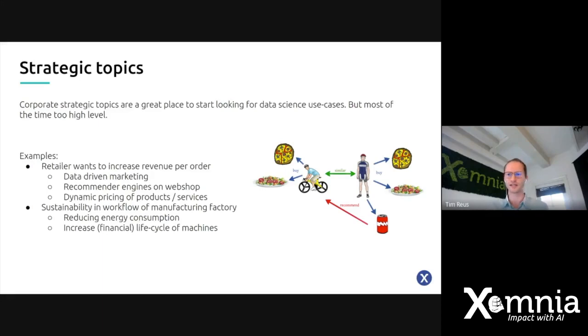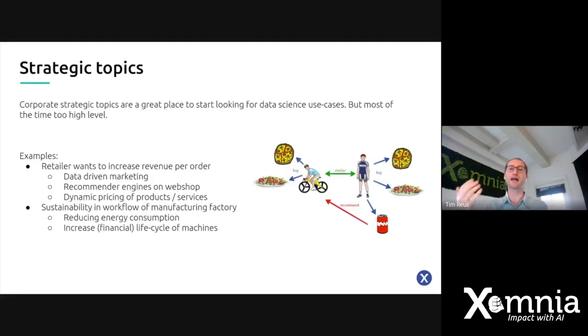Cutting costs, getting more customer engagement, all these sorts of things. And they're a great place to start off by thinking, okay, if we're gonna do this, how can we do that? And could data science or data as a whole have added value there? And often enough, corporate strategic topics are mostly the starting ground for use cases.